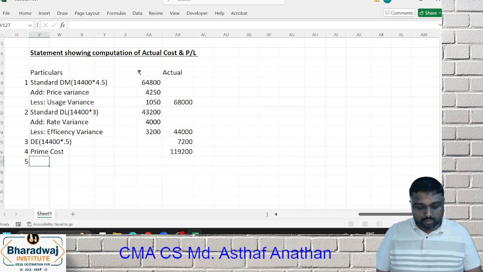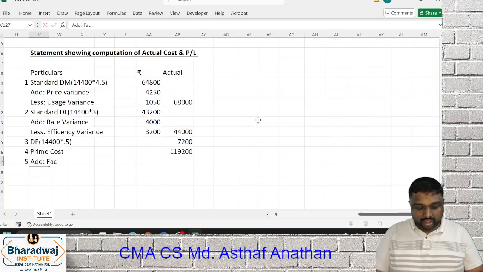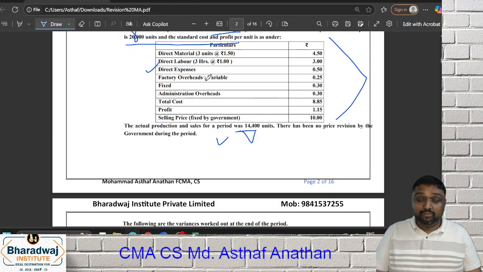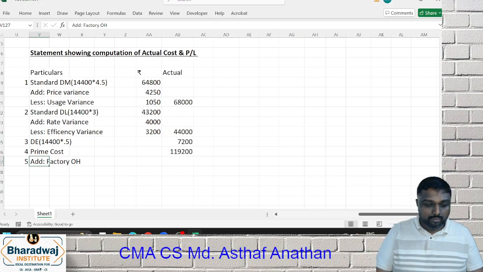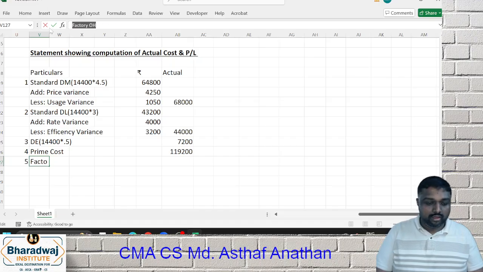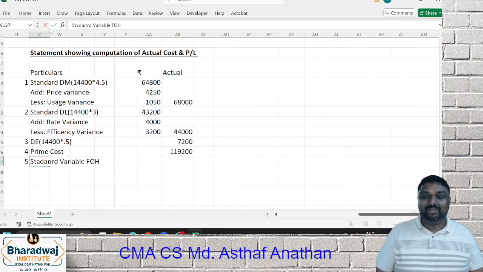Now you can go for what? Add factory overhead. Factory overhead, we have variable also. Standard variable factory overhead.